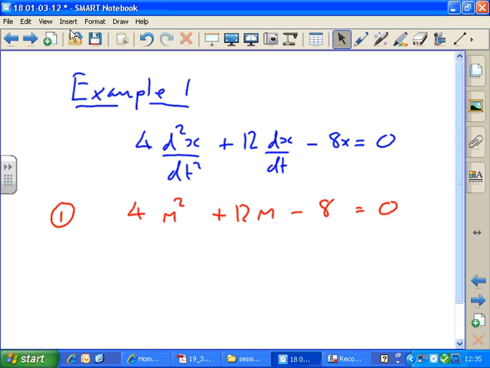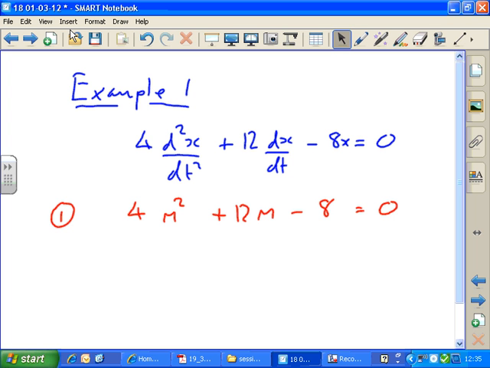If you look at the Helm booklet 19.3, which I gave you, the introduction talks about why we can replace d2x by dt squared with m squared. If you're interested in seeing how we get to this first step, you can have a look at the maths involved.